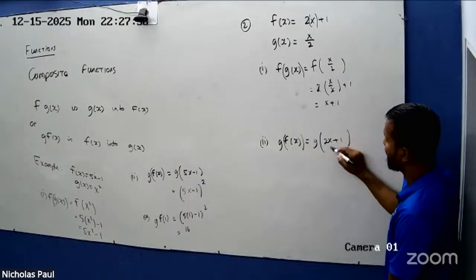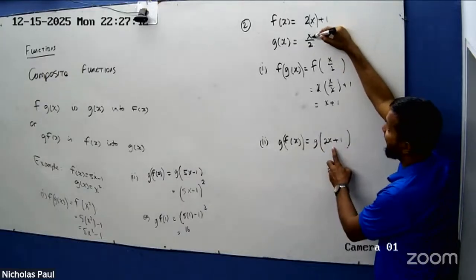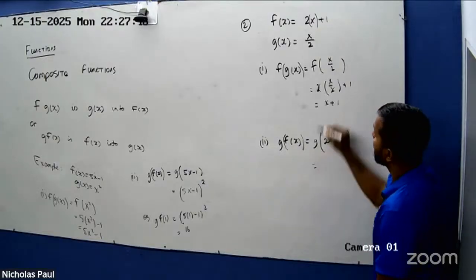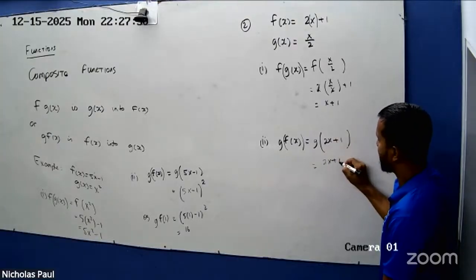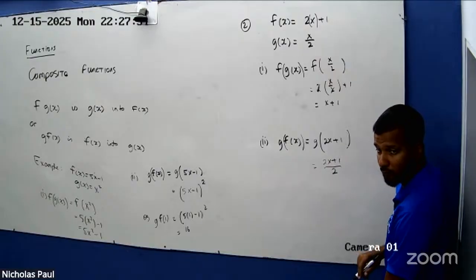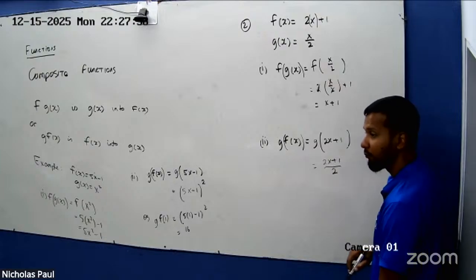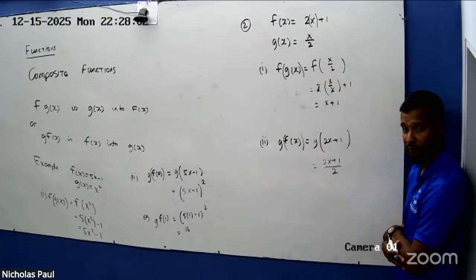The next step is to go to g of x, and wherever I have x, I'm replacing it with 2x plus 1. So I'm no longer writing x, right? I'm going to write this here: 2x plus 1 over 2. That's it. You can stop right here. Please don't cancel the 2's there. Right? Leave it just like that. That's okay?